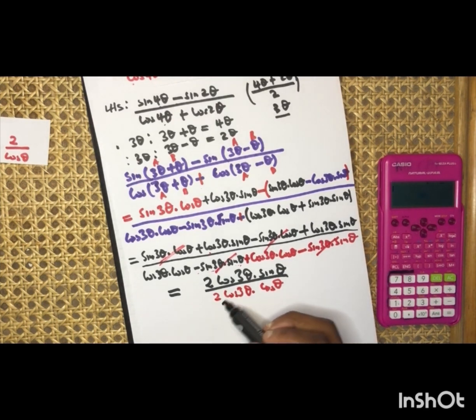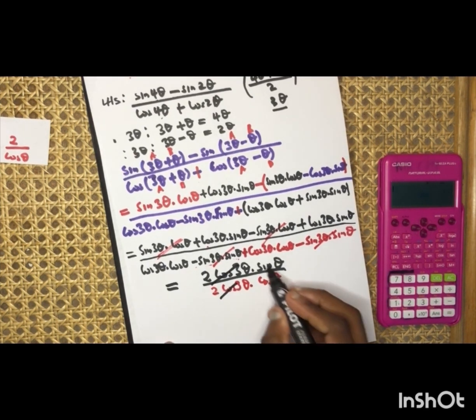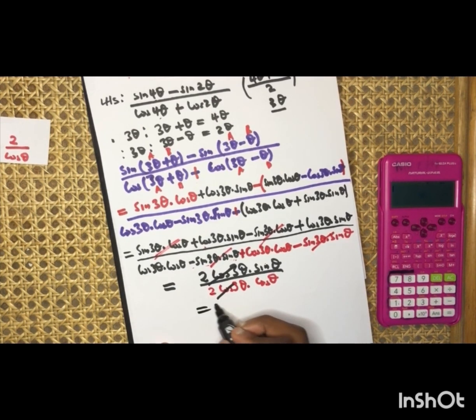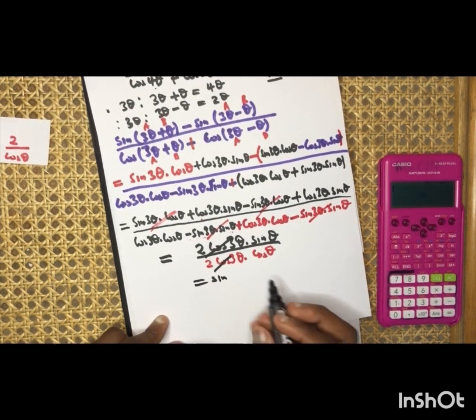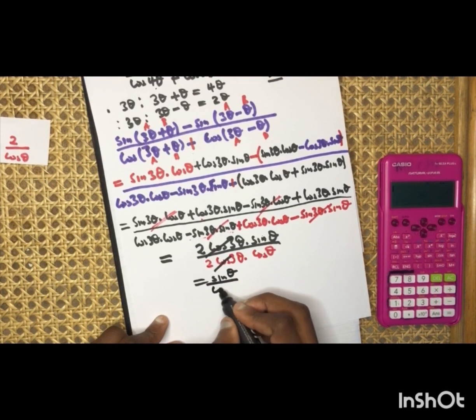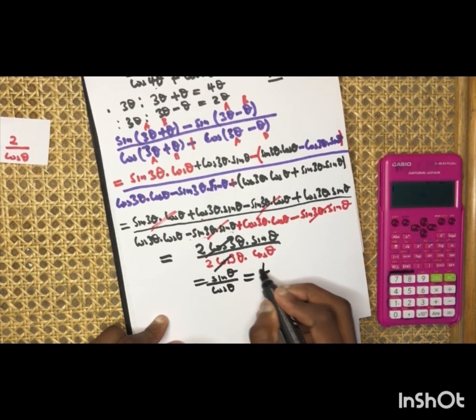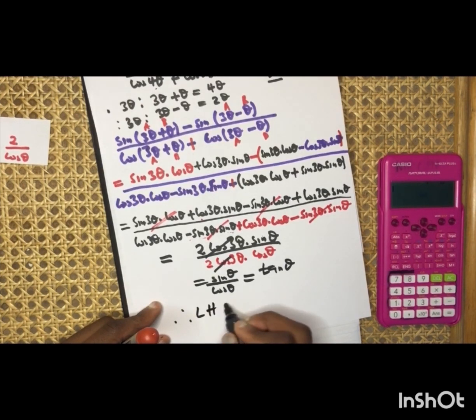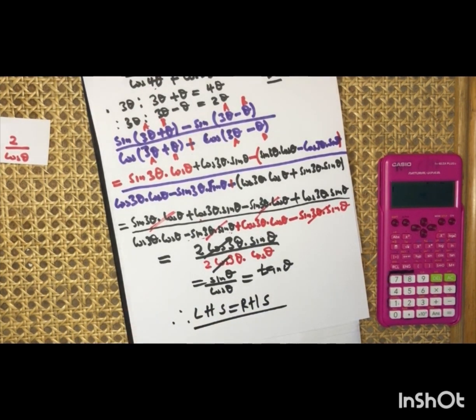So can you see now this will cancel out this one. Now we're left with sine over cos. We know that, guys, from the quotient rule, that sine over cos will give us tan theta. So therefore the left hand side is equal to the right hand side.